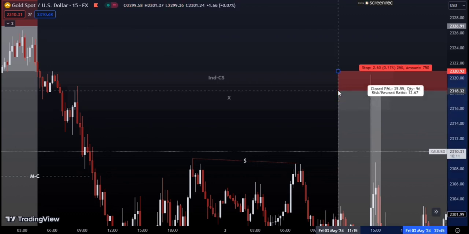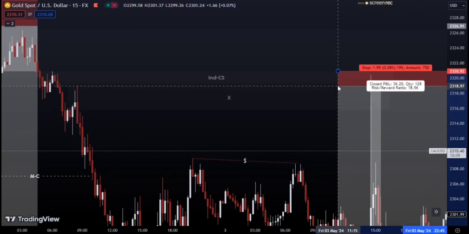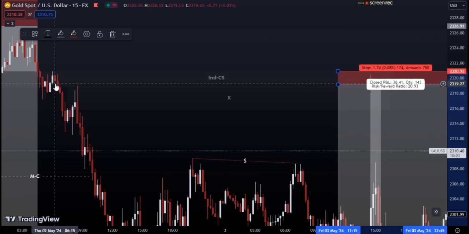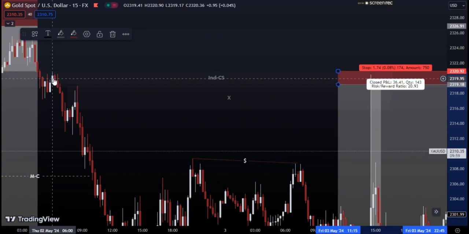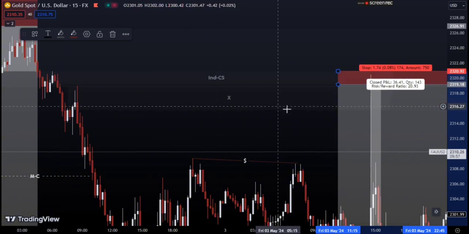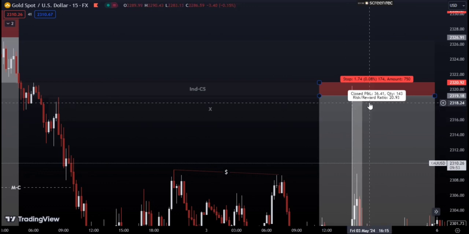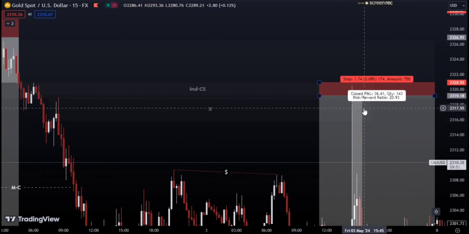Right, you can just put it there. Since it's just the supply zone, it's not MMA or MSA, we're going to take the swing low of just this white candlestick, which is the supply zone. And again, it depends on the type of broker that you use. 1.74 pips is okay, right? But sometimes you need to be reasonable with this.